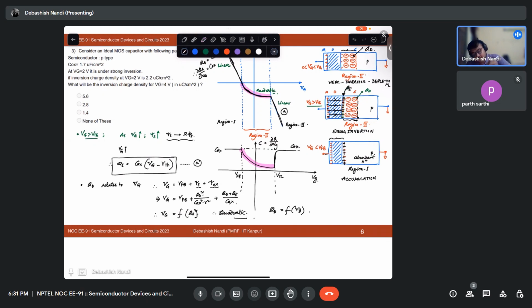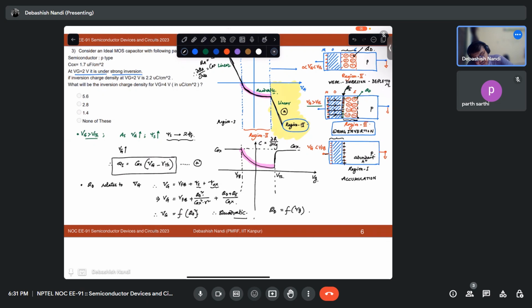So now in the question it is mentioned that at Vg equals 2 volt, it is under strong inversion. So this part we call strong inversion, which means which region are we in? Region 3. This is my region 3. So I am in this part, according to the question.